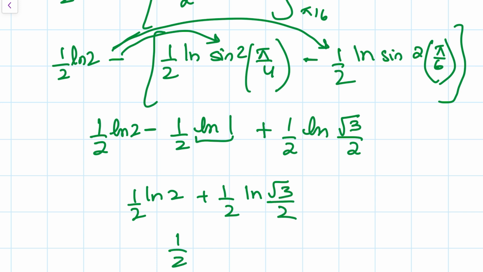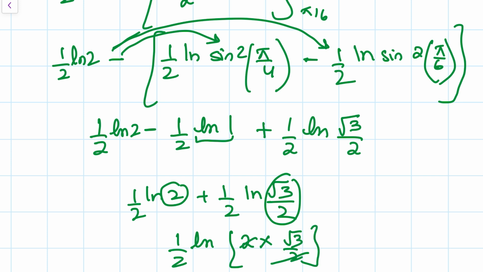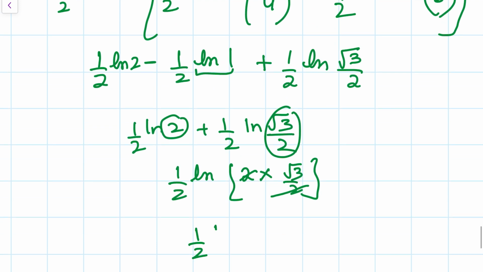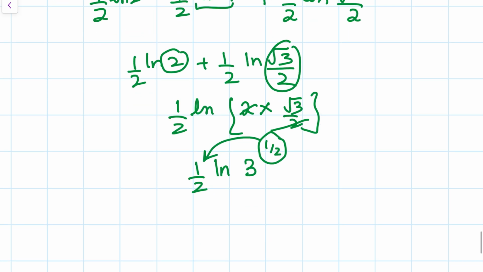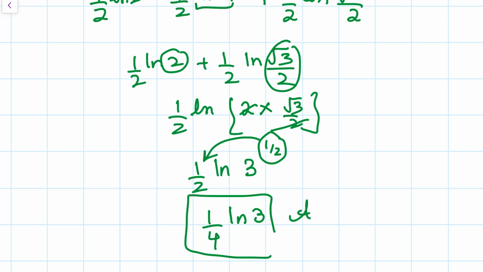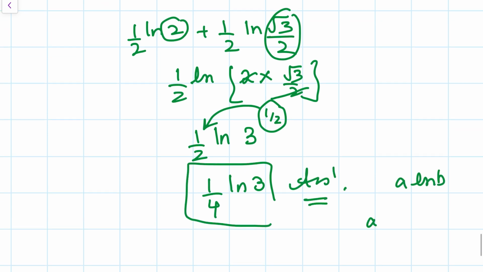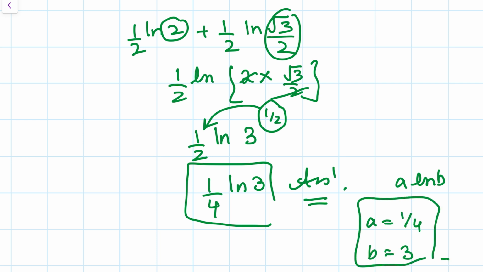Let's take half and ln common out. This is 2 multiplied by root 3 upon 2. This 2 cancels out, so we're left with a half. Ln root 3 means 3 to the power half. This half comes down. Half into half is 1 upon 4 ln 3. So this is exactly the form in which they wanted you to write the answer. If they wanted the constant values, B is 3. I hope it is clear.